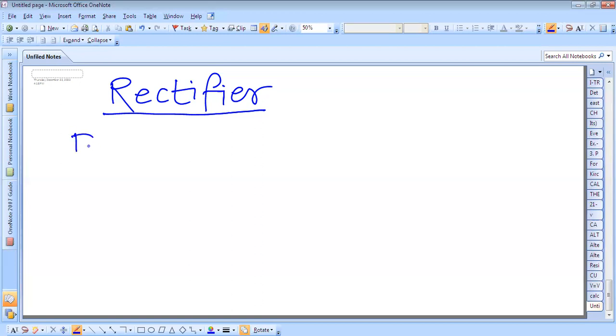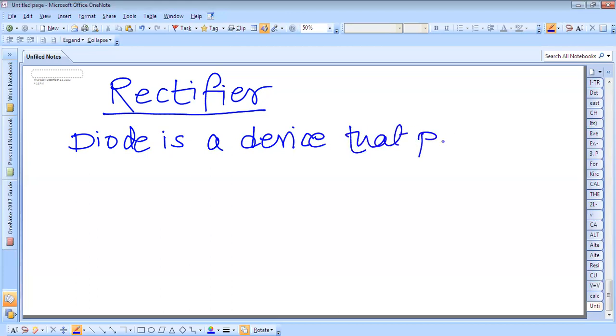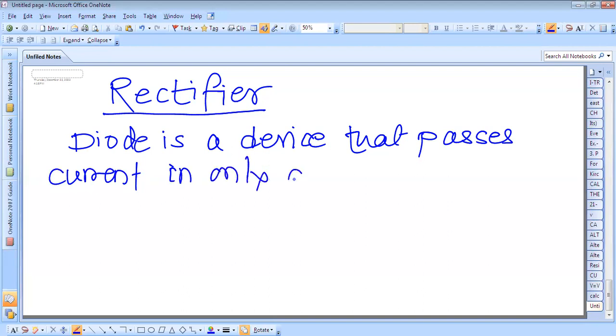So the diode is a device that passes current in only one direction.